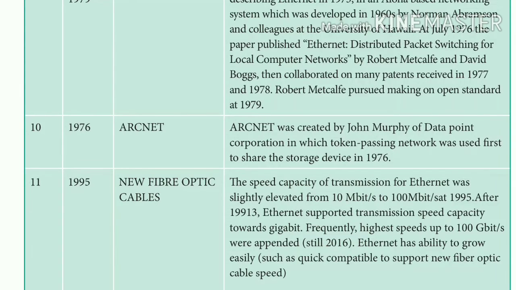So Ethernet supports transmission of high speed capacity towards gigabytes. Okay, so frequently high speed up to 100 gigabytes per second was appended. Still, in the 1960s, Ethernet had the ability to grow easily.